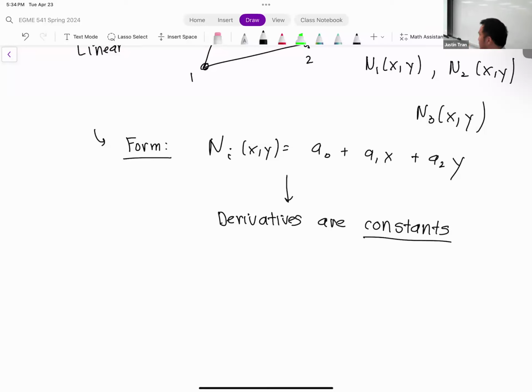We're in 2 dimensions, so we can take derivatives in 2 directions, a derivative in x and a derivative in y. Doesn't matter which direction we take it in, we always end up with a constant. And exactly where we left off is that we came up with an expression for the element stiffness matrix.